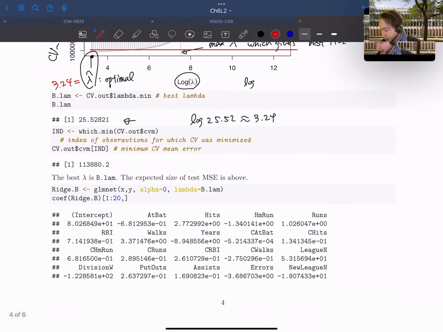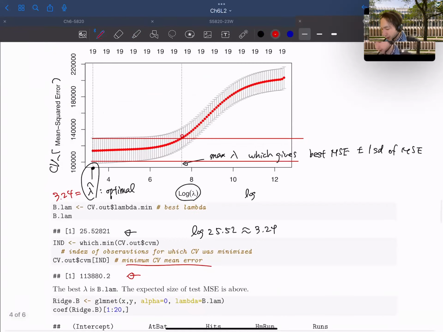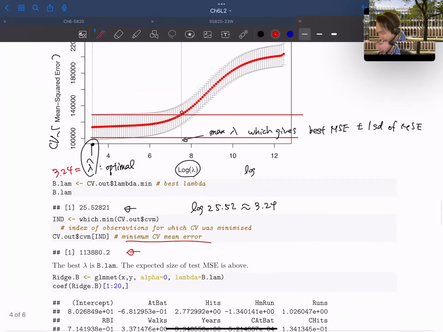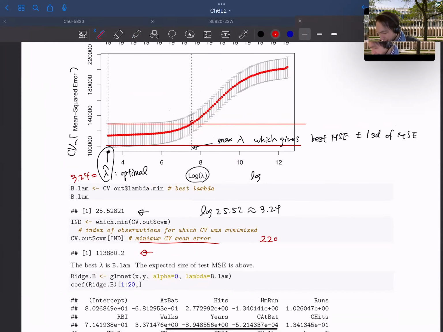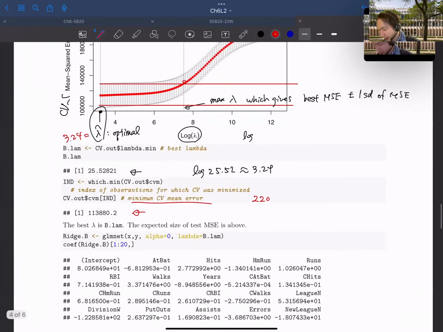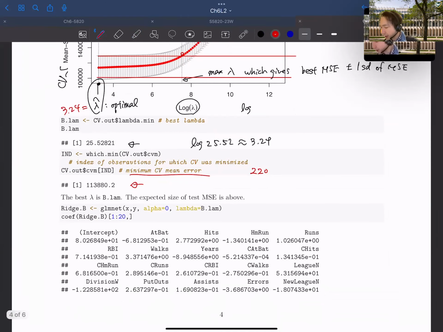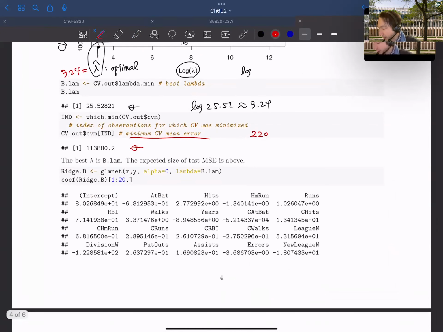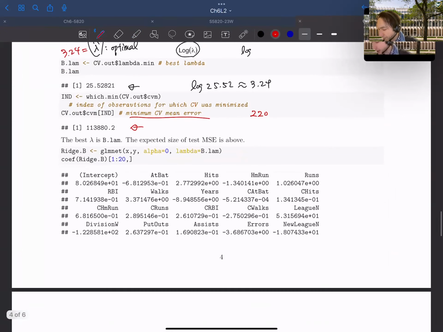With this, you can calculate the cross-validated error, and that is 113,000. The maximum possible error size is about 220,000, so about 50% reduction. So the predictors explain 50% of the variability in Y.